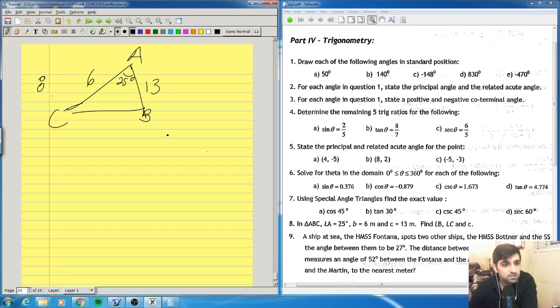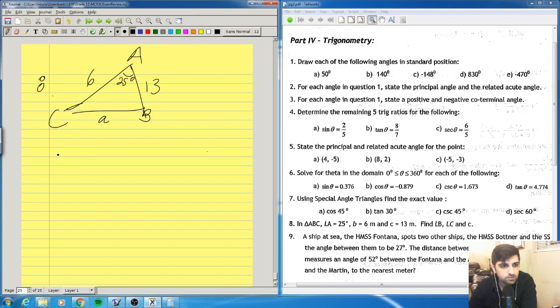Okay, well, angle C is no problem. We have to first resort to finding a first, then we can use sine law. So let's do it. So a over sine 25. Actually, what am I doing? That's sine law. Cosine law.